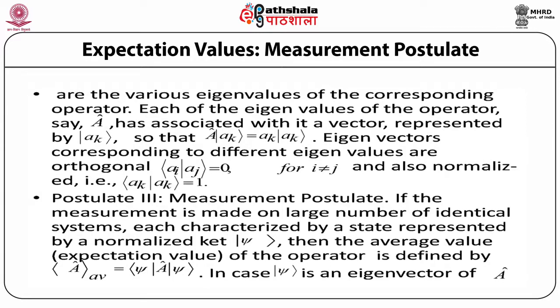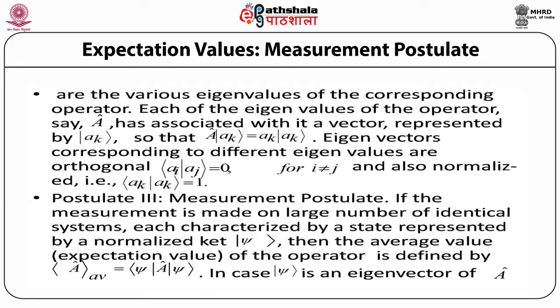Each of the eigenvalues of the operator, say operator A, has associated with it a vector represented by ket vector A_k, so that operator A acting on ket vector A_k is equal to eigenvalue a_k times the ket vector A_k.